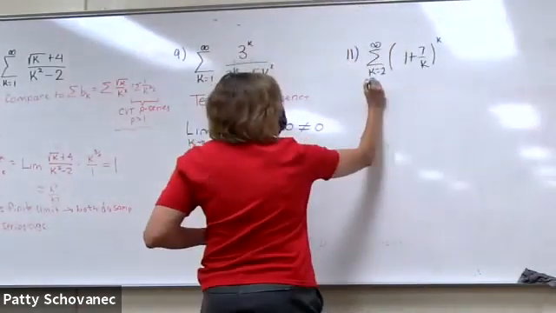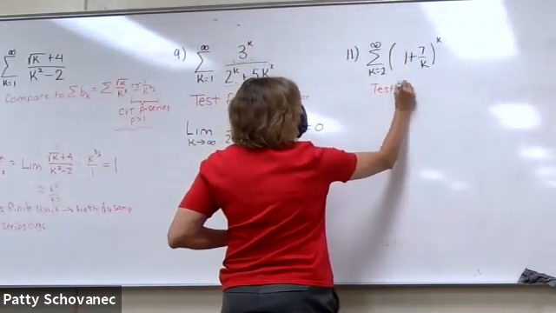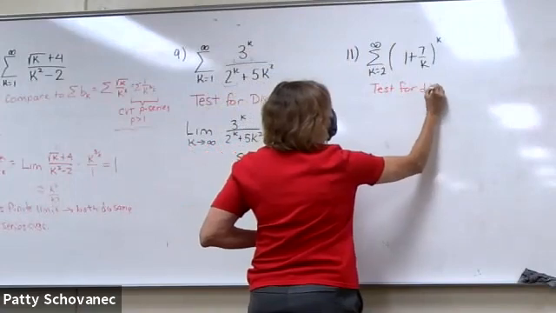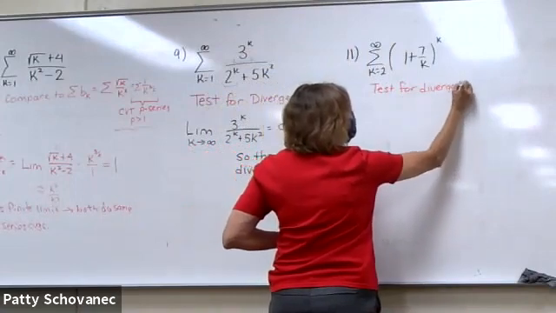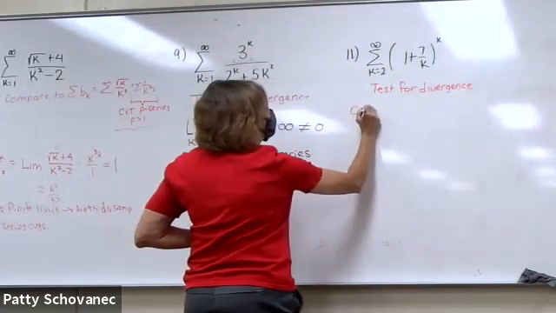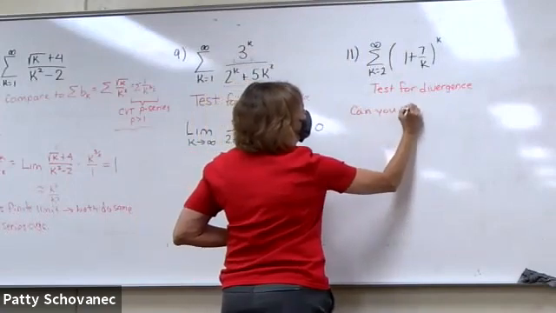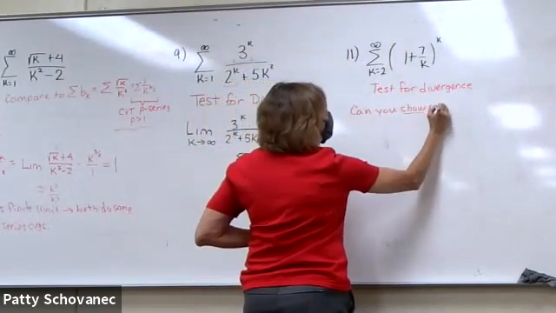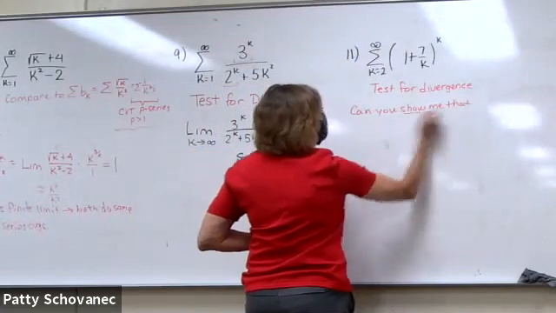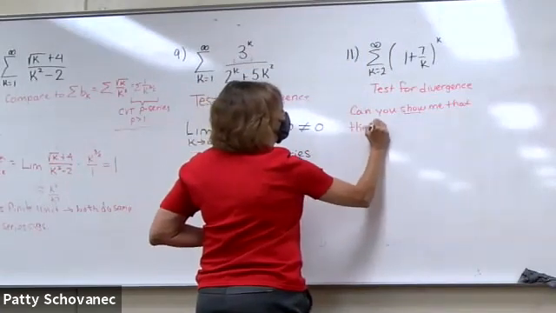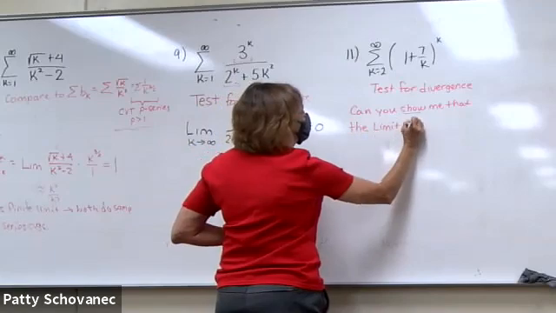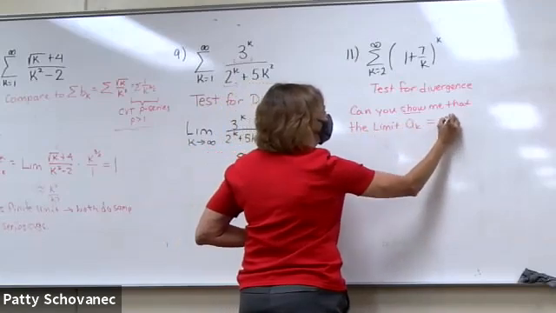You're doing the test for divergence here. Can you show me that the limit of your kth term is e to the 7th?